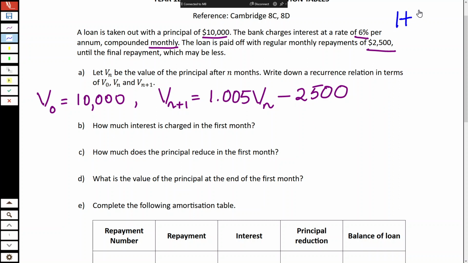So 1 plus 6 divided by 12 over 100. Great. So lowercase r equals 6. Capital R equals 1 plus lowercase r divided by 12 divided by 100. And if you do that calculation, you get 1.005.